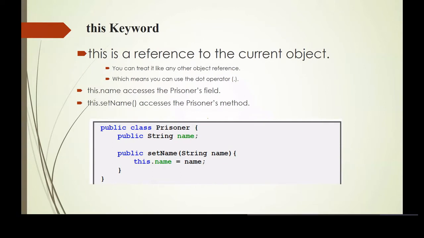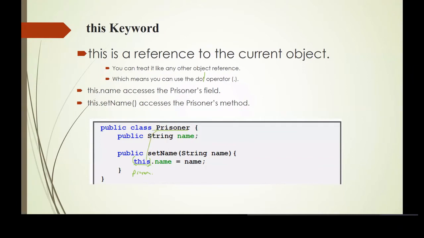Now the this keyword is actually used in Java a lot. It means this object, the object, class, or method you are using. It will save you time if you specify the access modifier. It will be treated like any other object. If you are inside this class, for example the class Prisoner, and you say this.name, this means the same as writing Prisoner.name.